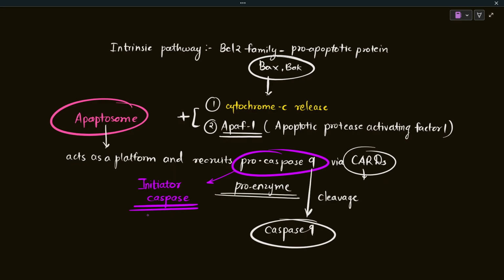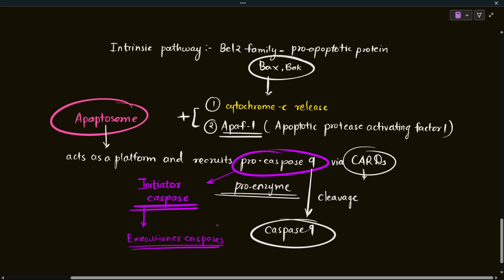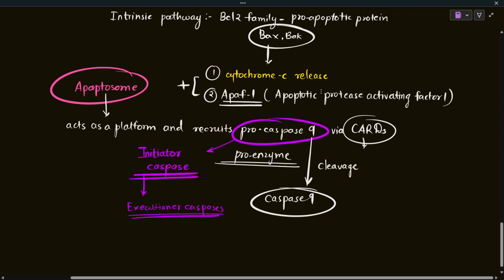This initiator caspase is going to start the downstream signaling, and it then activates the executioner caspases. So the caspase 9 proenzyme, which is now recruited to the apoptosome, gets cleaved and activated.